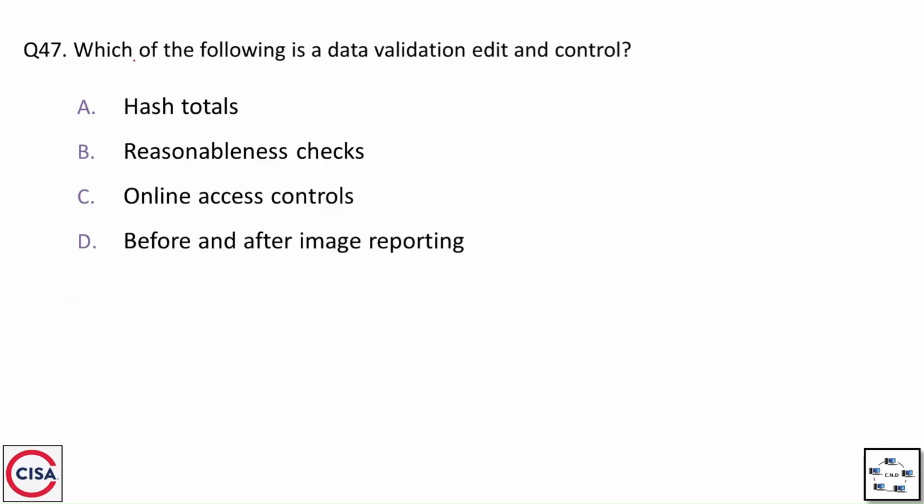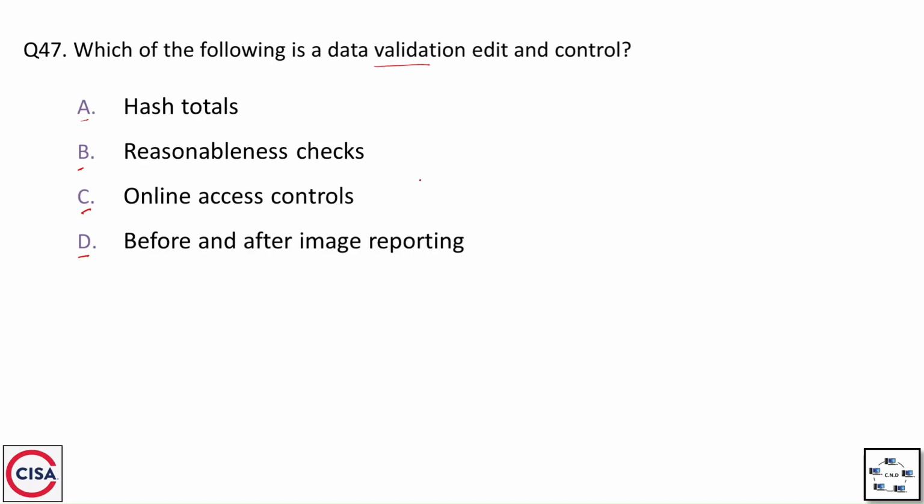Question number 47. Which of the following is a data validation, edit, and control? The options are option A, hash totals, option B, reasonableness checks, option C, online access controls, and option D, before and after image reporting.